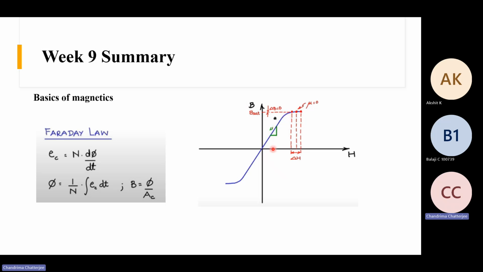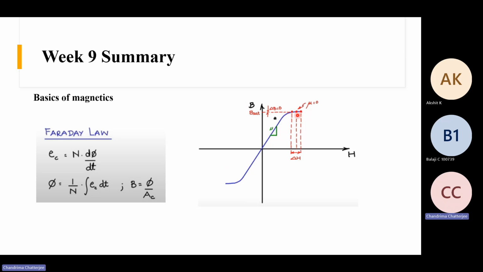But here, as the slope is high, if you change the current, your B will also change significantly. So this region is called the saturation region, and we get the saturation region in this region also and in this region also, in the first quadrant and in the third quadrant.